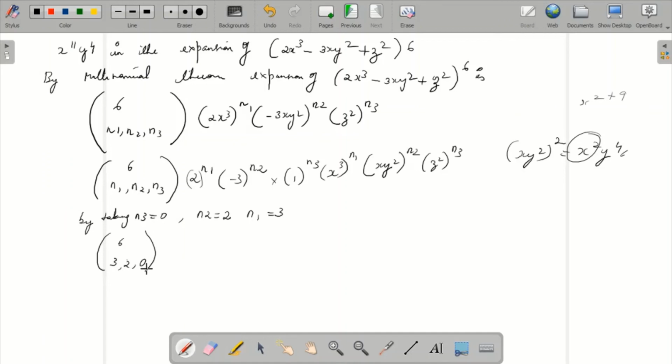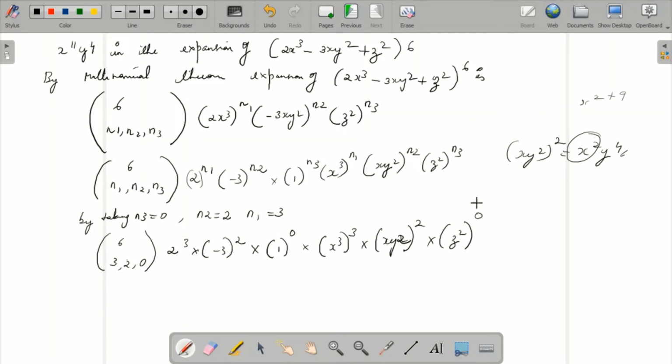After that, 2 to the power n1, with n1 is 3, into (-3) to the power n2. What is the value of n2? n2 is 2, and into 1 to the power 0 for n3. And then the x terms: (x³)^3, and again (xy²)^2, which is x square y to the power 4, and z square to the power 0.